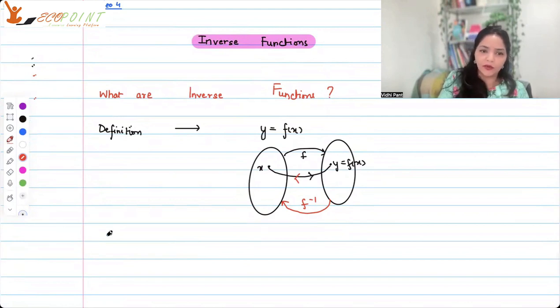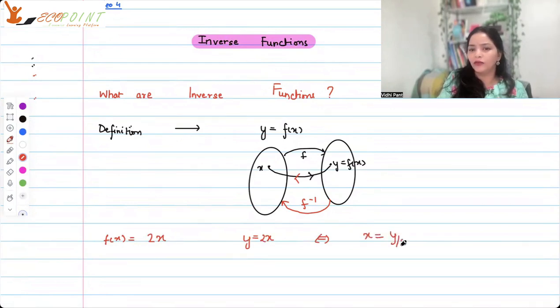For example, suppose you have f(x) equals 2x. This means that y is equal to 2x. Now I can say that it should be the same as saying that x is equal to y by 2, right? Because when x is 2, y is 4, so you can say that x is nothing but half of y.